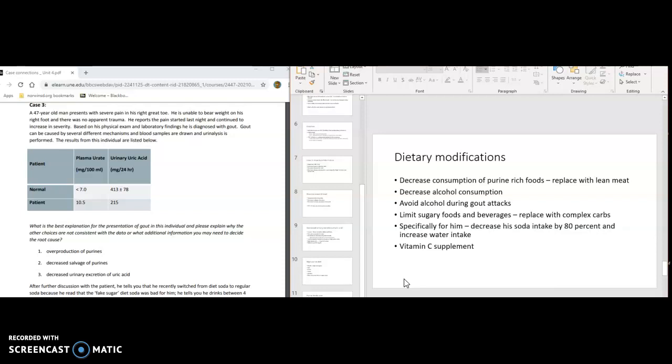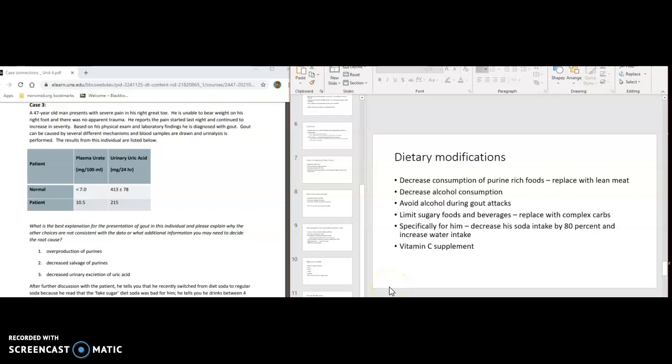The obvious change is decreasing his intake of all said food and food groups previously mentioned, so all of the red meats. He should swap red meats for lean meats such as chicken, and of course having a few less drinks. He might be having too many mixers at those parties that contain soda.